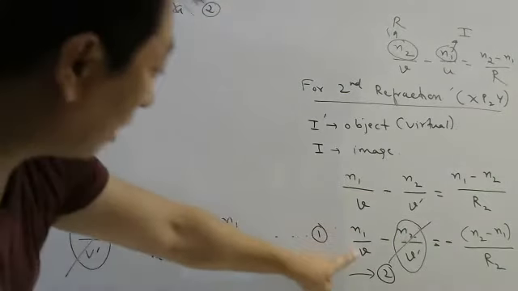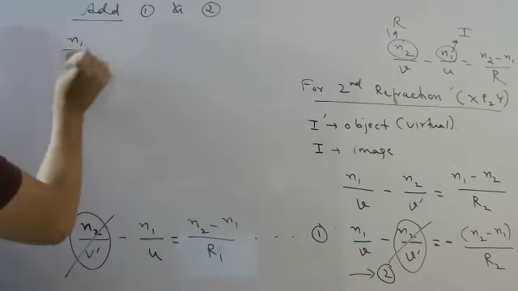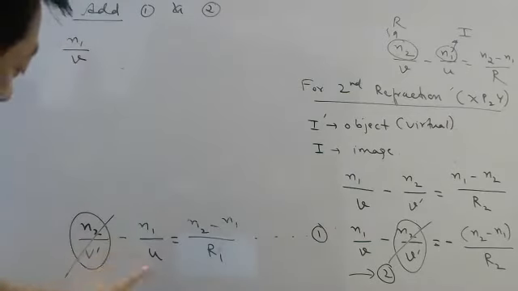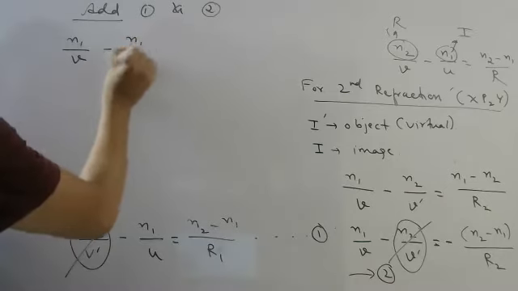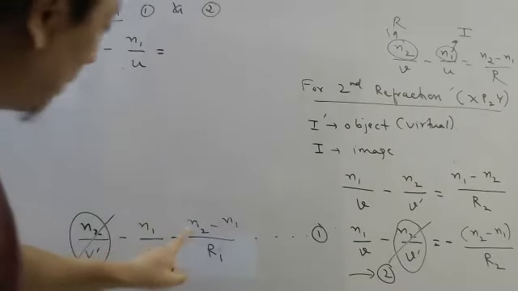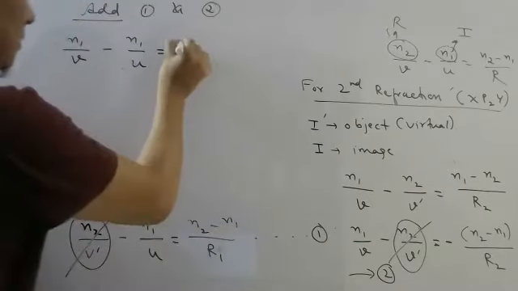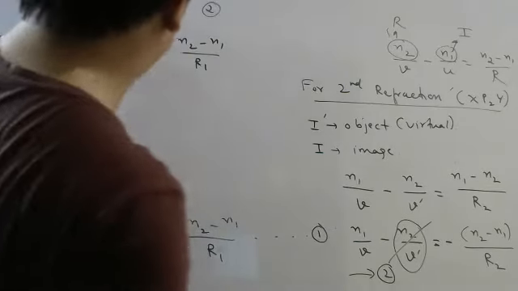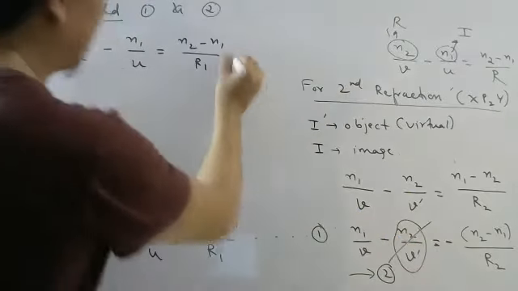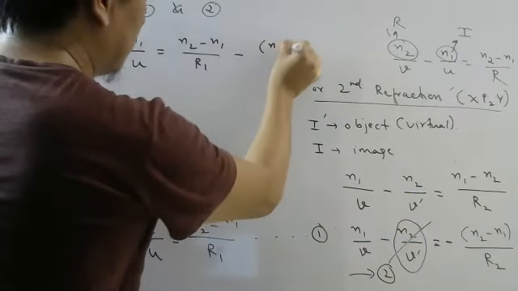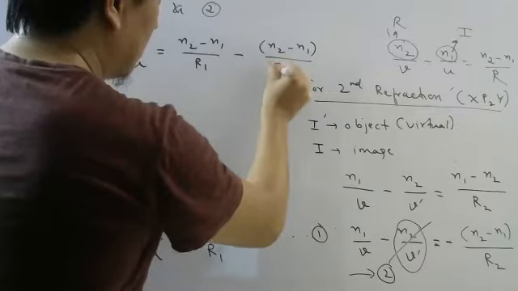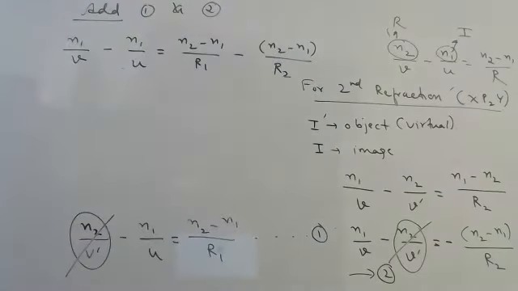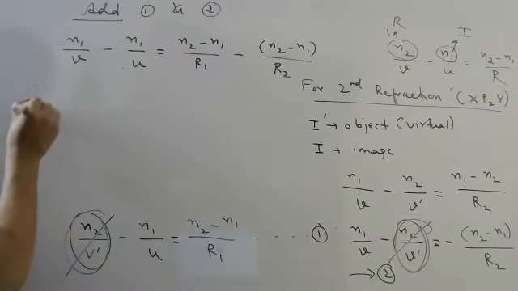So here N1 by V, here minus N1 by U, here N2 minus N1 by R1, plus, I'm adding, but there is a minus here, so minus N2 minus N1 by R2. So what happens after adding these two? This one and this one will cancel. Then you can take N1 common.